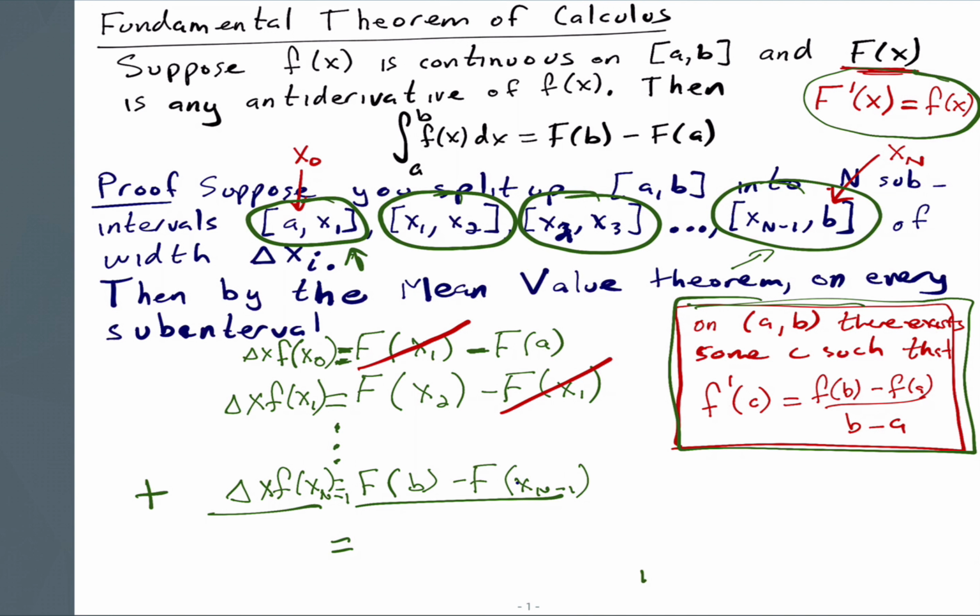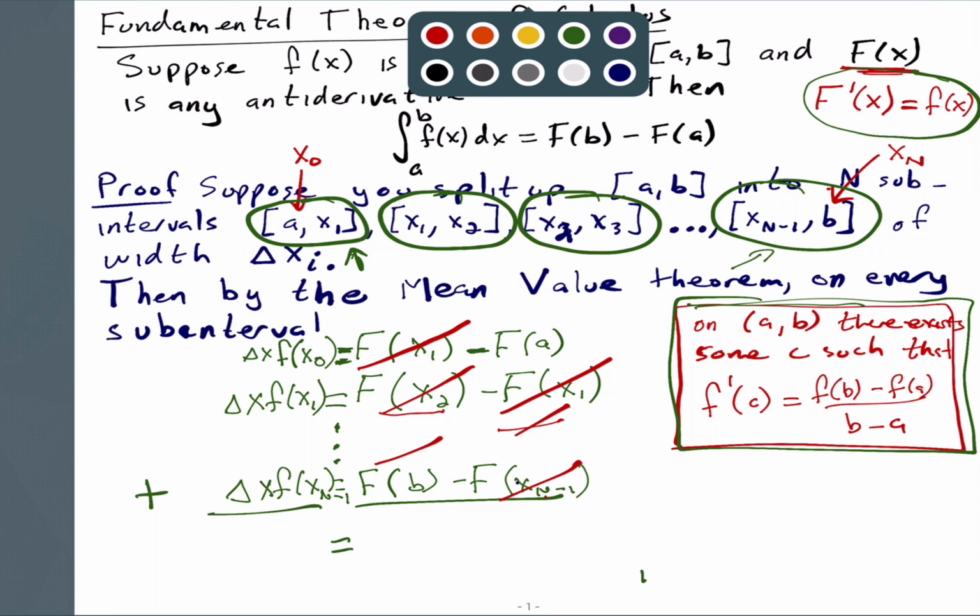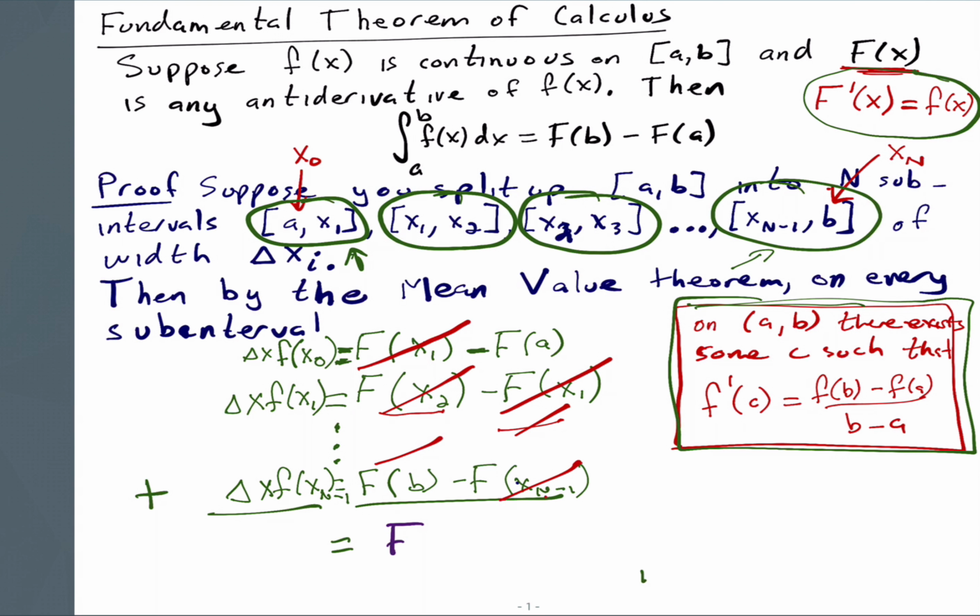Because see how all of the ones in the middle are going to cancel out? Here there's an f of x sub 2. Here there's going to be a minus f of x sub 2. And then this f of x sub n minus 1 is going to cancel with the one before it, right? So the only thing left after all that is capital F of b minus capital F of a. Does that make sense?